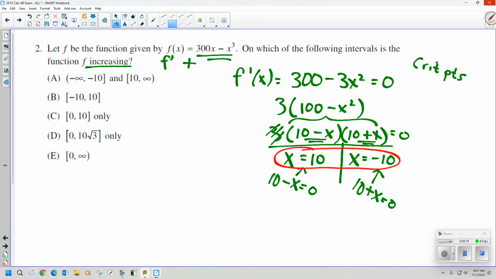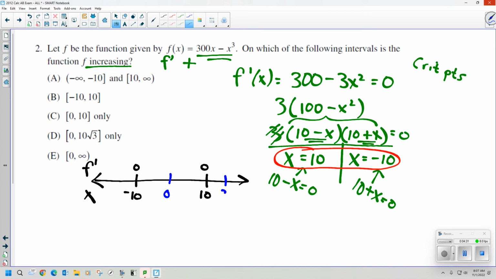Number line time. Here's negative 10. Here's 10. It's my x value. It's when the first derivative is equal to 0. I'm going to take values in between. I don't know, 0. How about 20 and negative 20? And I'm going to see where my first derivative is positive.